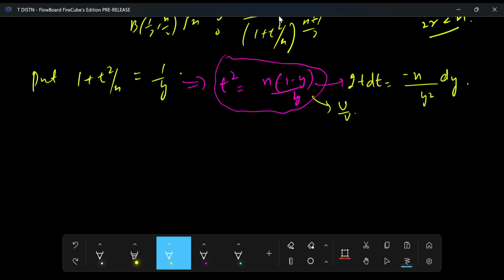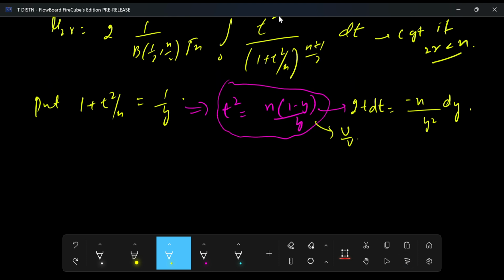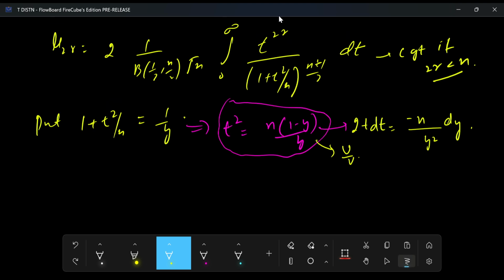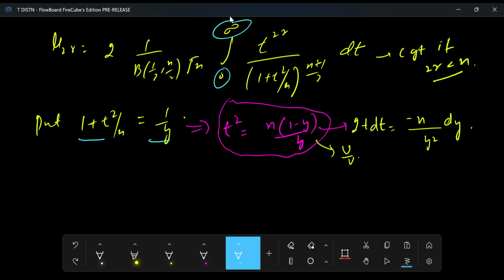So now check the limits. When t is equal to 0, 1 upon y will be 1. Simply, when this term is 0, the whole term is 1, and the reciprocal of this is simply 1.